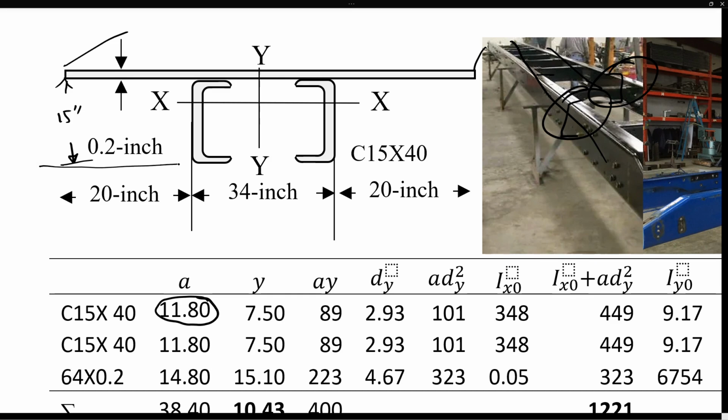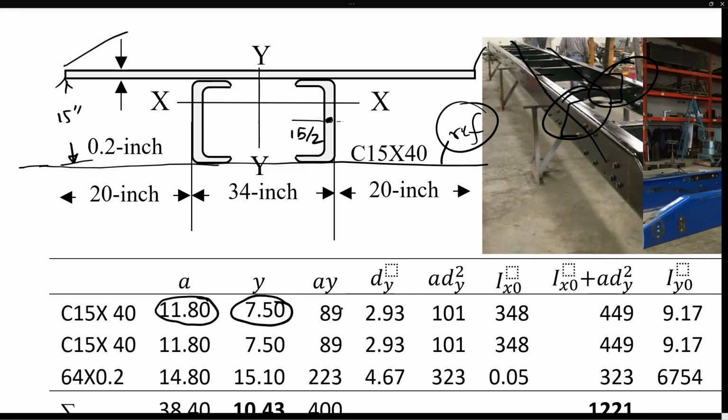When you calculate the centroid, you need a reference axis, and in this case we are using the bottom of this frame. From the bottom of this frame to the centroid of this C channel is half of 15, so this distance is 15 by 2. That's how we got this 7.5.